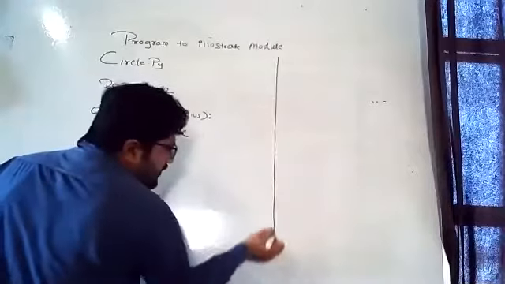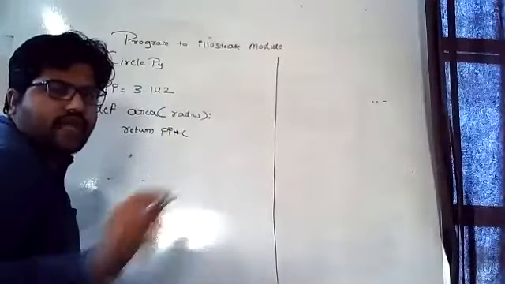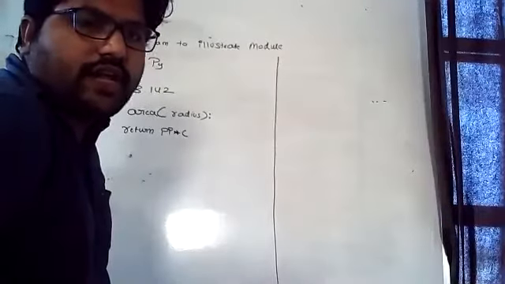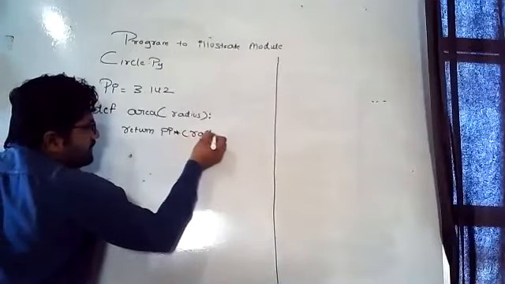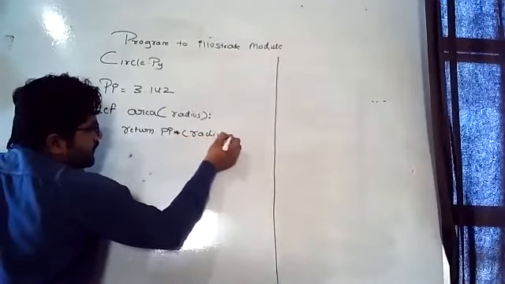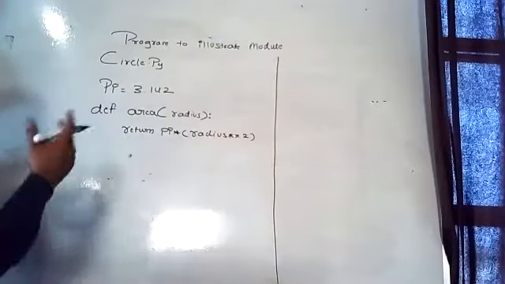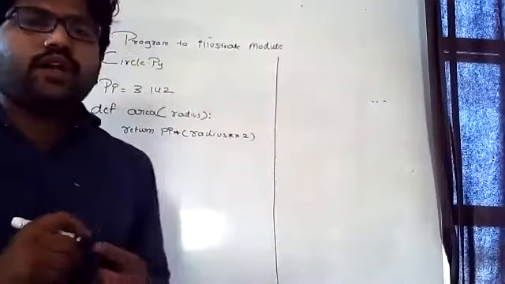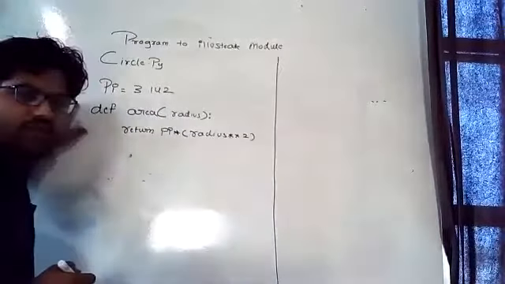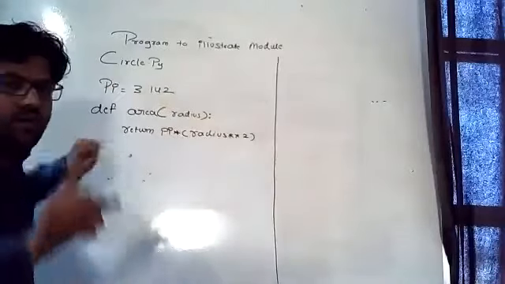This code will definitely be asked once in an examination. Double star means to the power 2, so radius will be raised to the power 2 here. This is a function. This circle.py contains one function here.